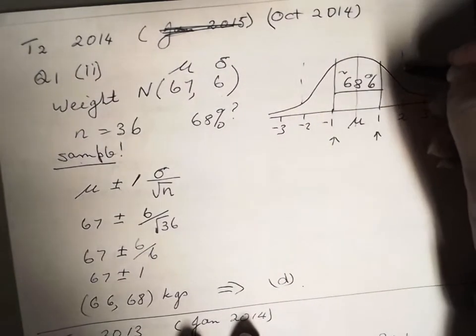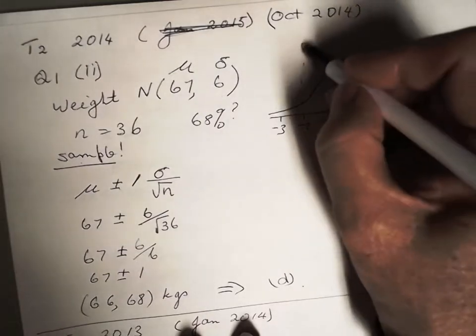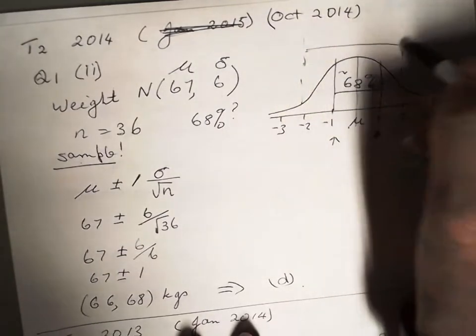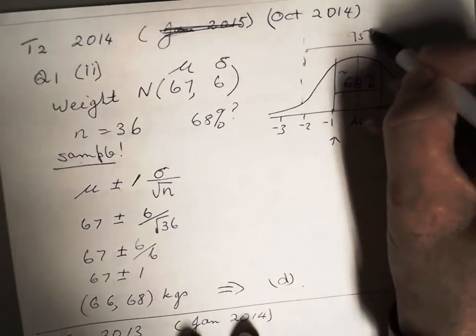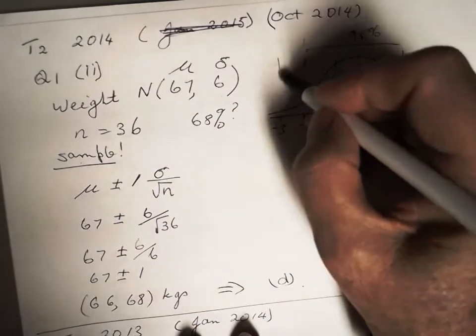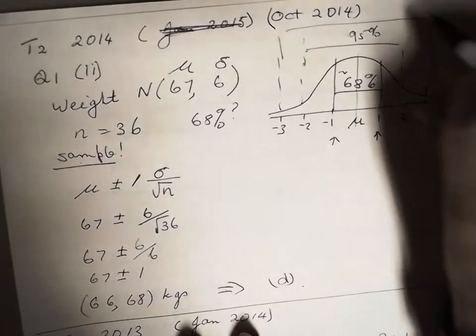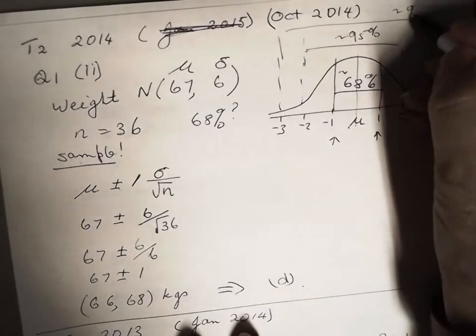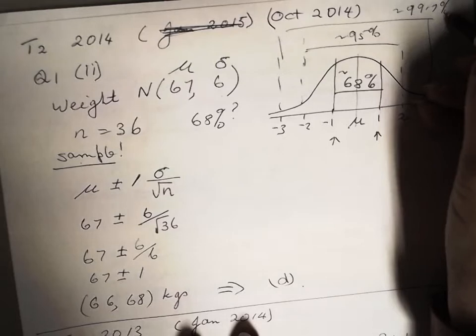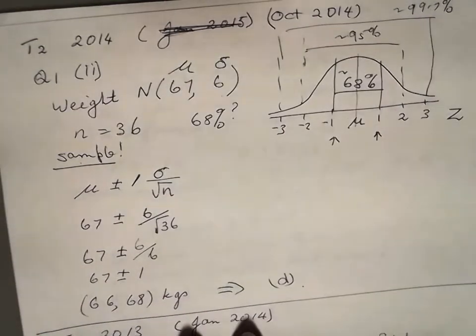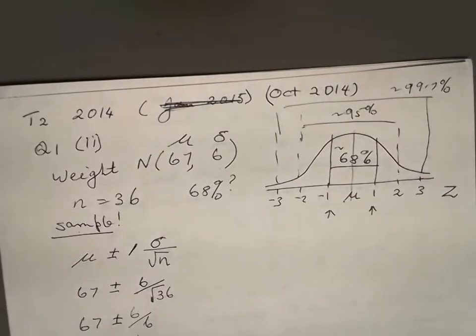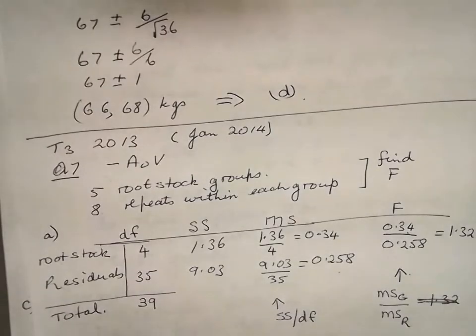And remember that 2 standard deviations is approximately 95%, and 3 standard deviations is approximately 99.7% of information is held within 3 standard deviations of the mean. So, and then analyses of variances, a run through of analyses of variances.